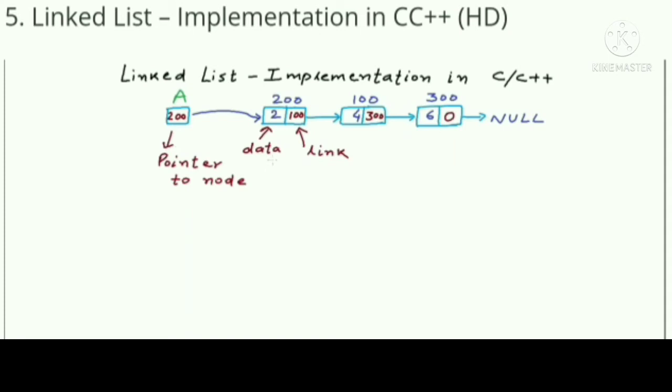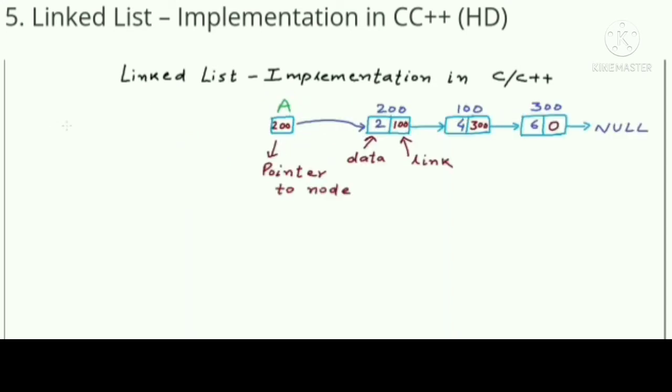So let us now see how this logical view can be mapped to a real program in C or C++. In our program, node will be a data type that will have 2 fields, one to store the data and another to store the address. In C, we can define such a data type as structure. So let's say we define a structure named node with 2 fields.